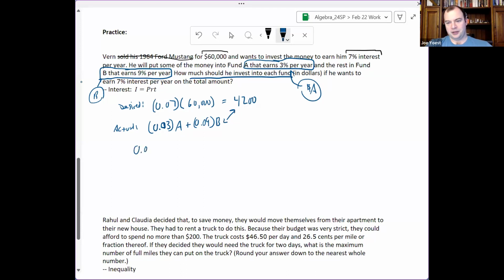So I have 0.03A plus 0.09B equals 4,200.